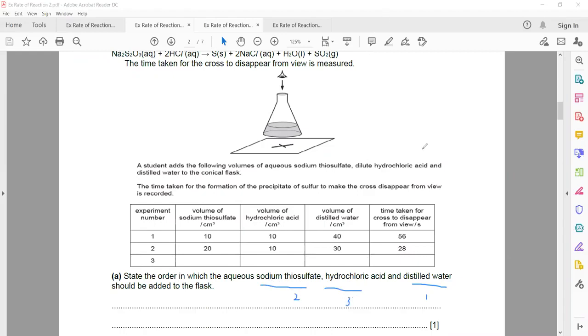Or you can add distilled water, then hydrochloric acid, and third sodium thiosulfate. But not these two, sodium thiosulfate and hydrochloric acid, at first. That combination is not acceptable. Other than that, all the combinations are acceptable.